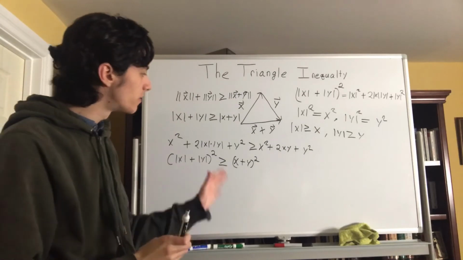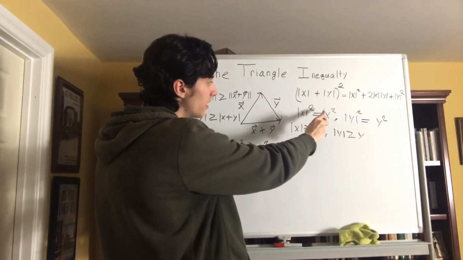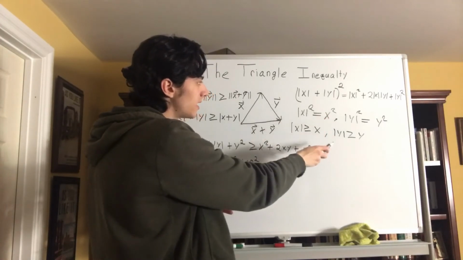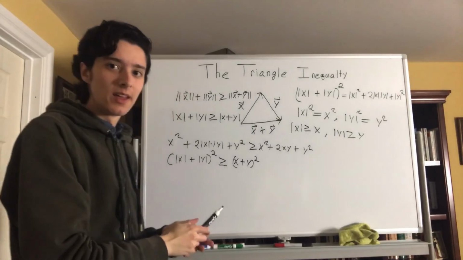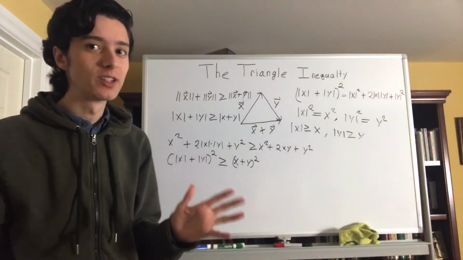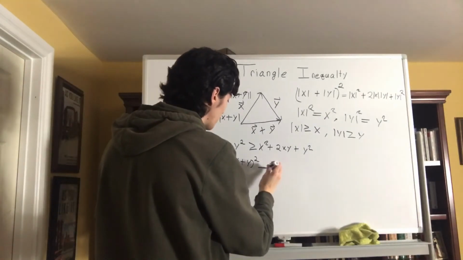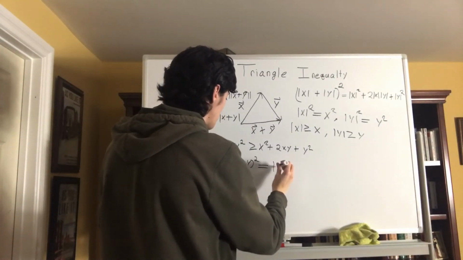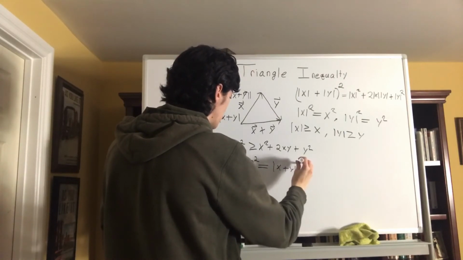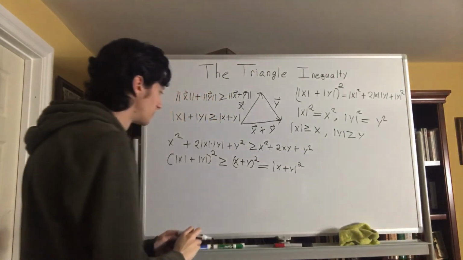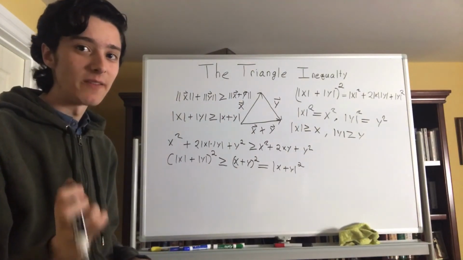And based on what we've shown here, that if we square a number, then it's the same thing as the absolute value of that number squared. And the real numbers are closed under addition, fortunately for us. So we can say this right here is the same thing as the absolute value of x plus y squared. And this is actually really nice what we have here.